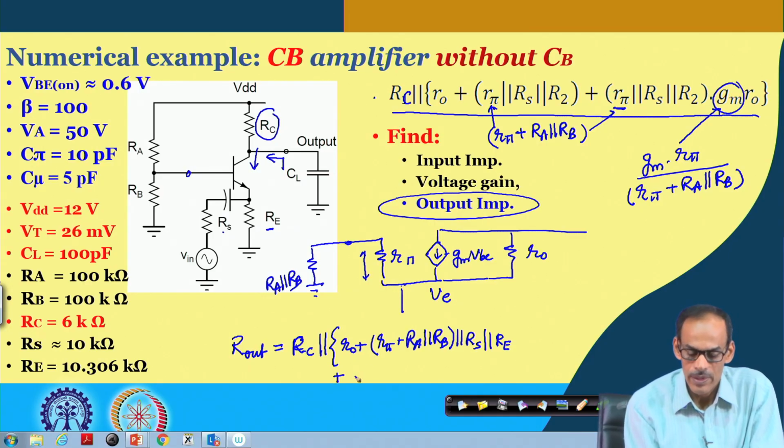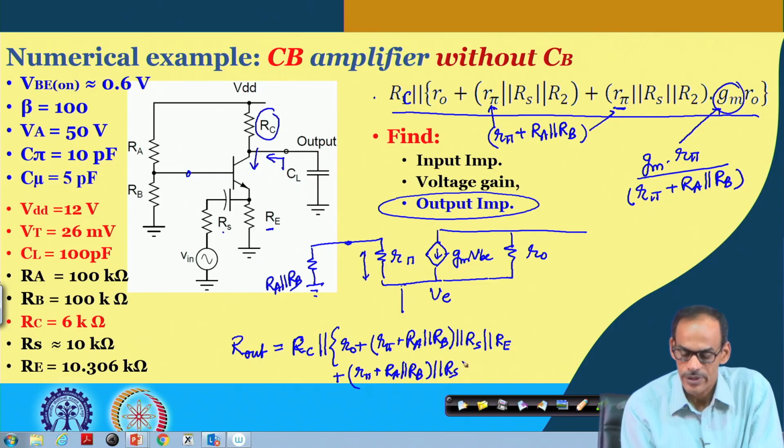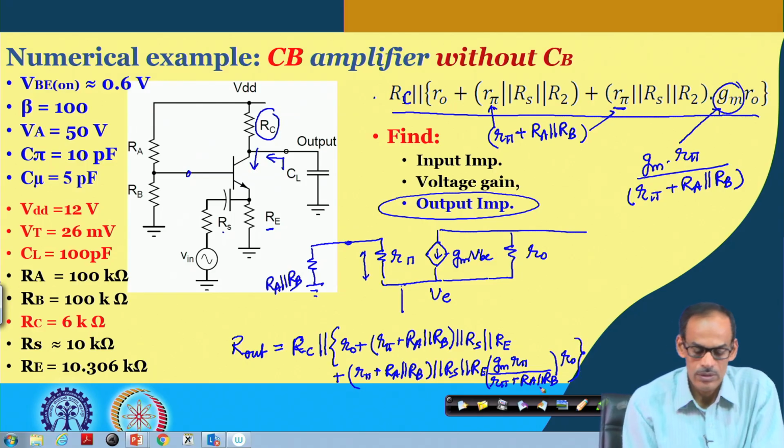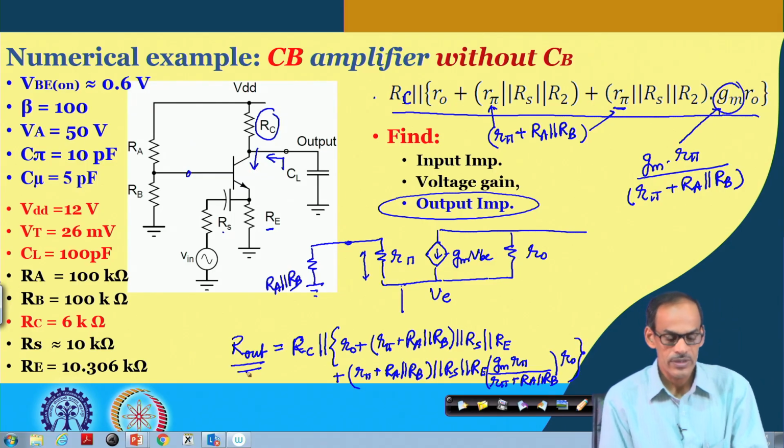We do have R pi plus Ra in parallel with Rb, in parallel with Rs, in parallel with Re, and then Gm needs to be replaced by Gm into R pi divided by R pi plus Ra in parallel with Rb, multiplied by R naught. So, this is the whole expression of this output resistance.